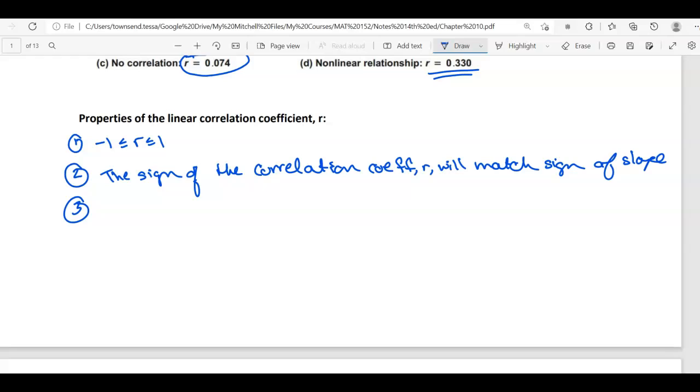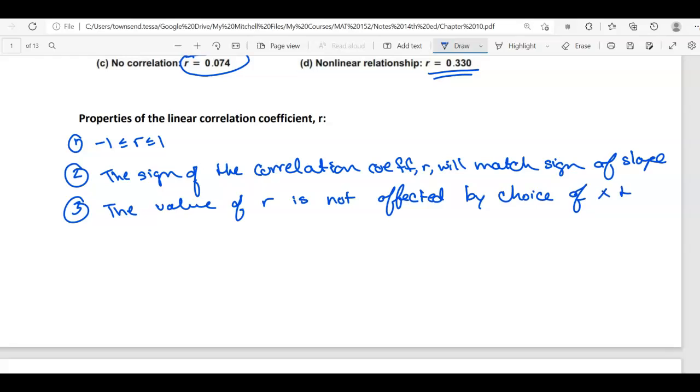Another property is that the choice for X and Y doesn't affect the outcome of R. So let's say we are analyzing height and shoe size.